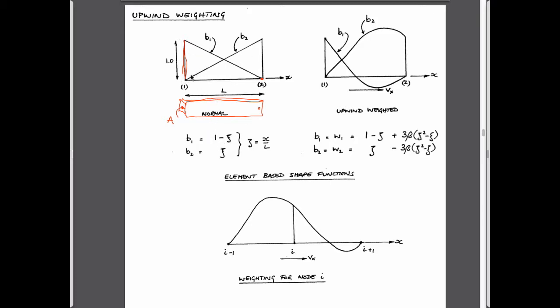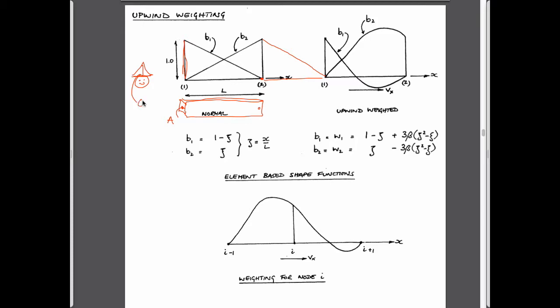So this is just our linear shape functions that we've defined previously, sometimes called chapeau shape functions, for those of you who might speak French, because if you look at the next element that's added on here, then this looks like Napoleon wearing a hat.